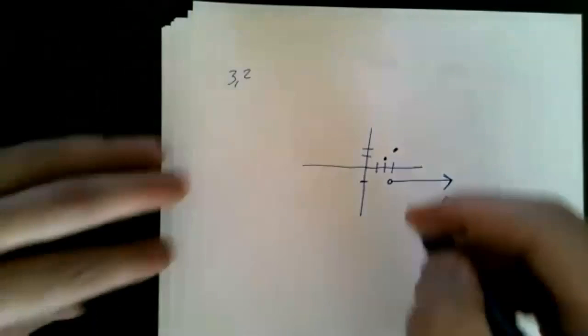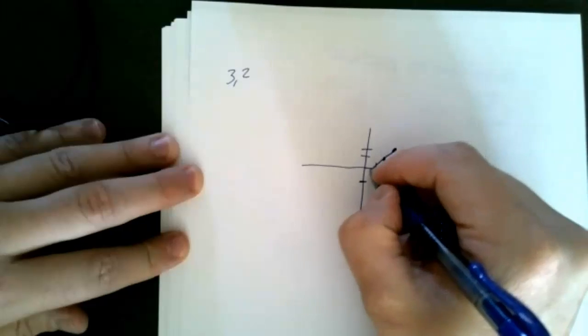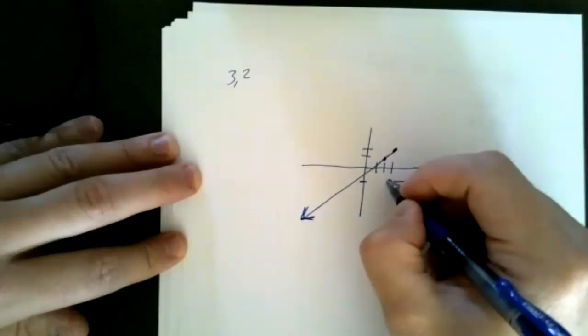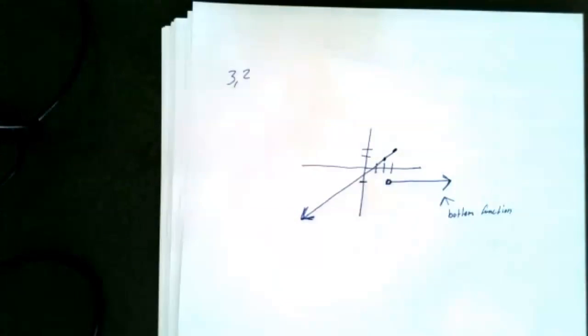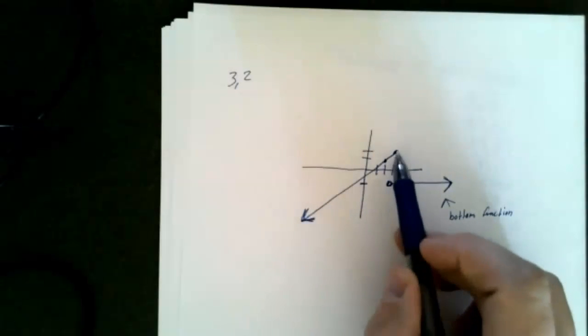And then once I have my 2 dots, remember I have my stopping point here at 3, and draw my graph just like that. Okay, when you're talking about domain here, a lot of people will get confused because of the jump.